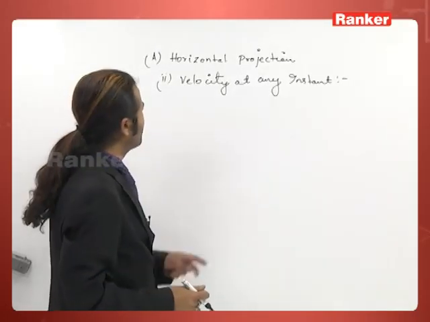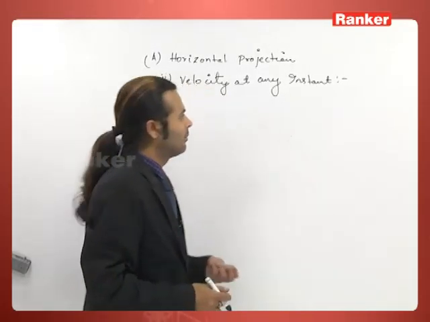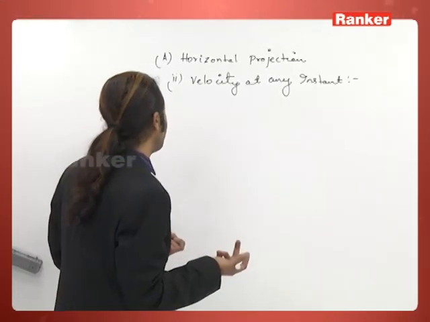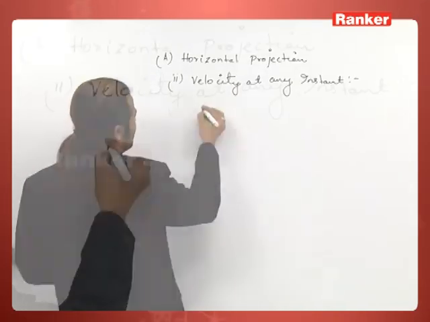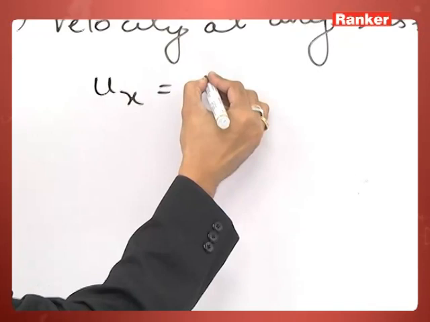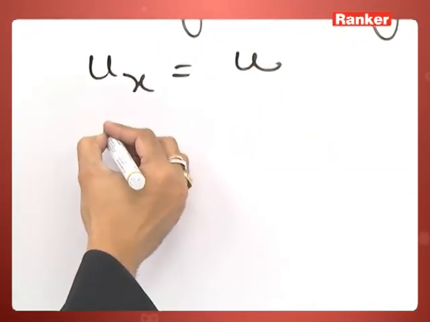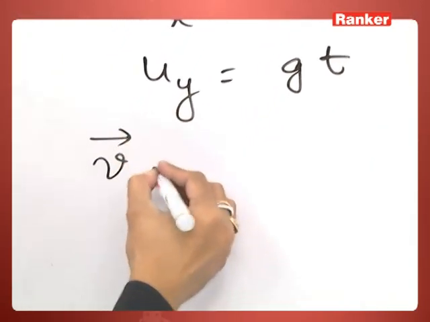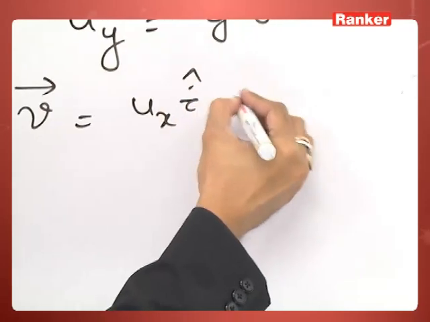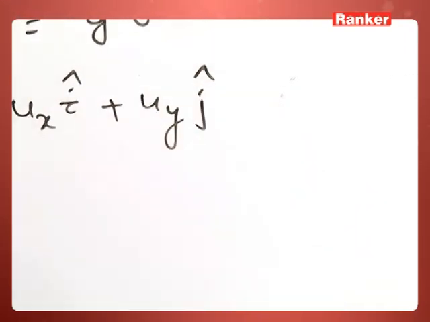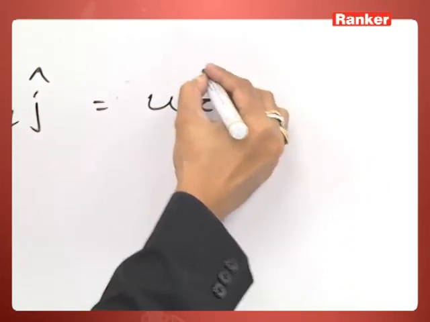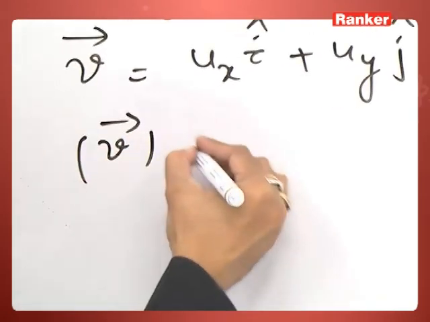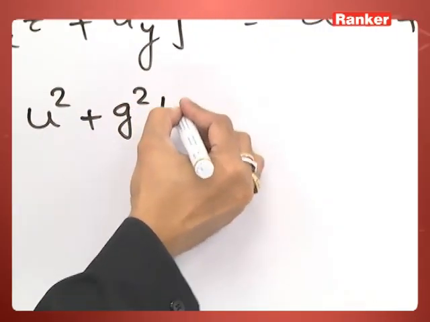Now we will discuss velocity at any instant. Any instant means I want to represent velocity in terms of time t. Since ux is always constant, that is u, and uy will be nothing but g into t, v vector becomes ux i cap plus uy j cap, so this is u i cap plus gt j cap. So the magnitude of v becomes the square root of u square plus g square t square.